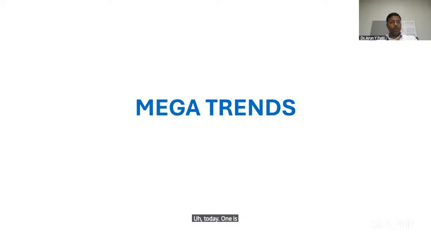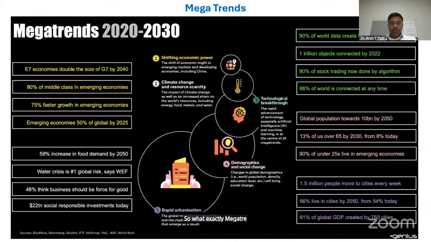One is called mega trends, which will make you understand how the problem can be identified in the given area. And the second one would be talking about 3P analysis. Okay, these two are the building blocks for any literature survey. So whatever I'm quoting is based on my own experience, and this will benefit every one of you in the long run. So what exactly do I mean by mega trend?